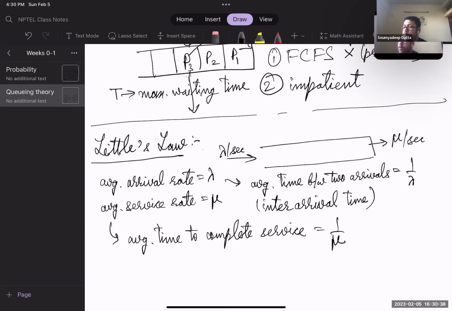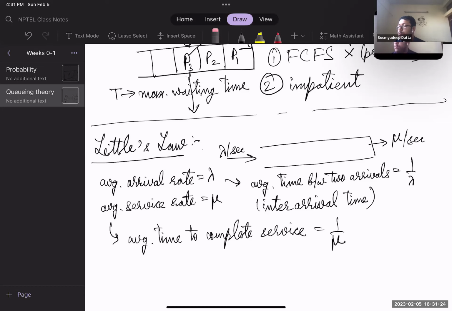Let's say there is a motorbike. You can only take one person on the motorbike, so this is a kind of motorbike station. A motorbike comes in, picks up a person and leaves. Let's say there is a motorbike coming every 1 minute to pick up passengers. In seconds, this will be 60 seconds. So your service rate will be 1 in 60, which means you will be picking up one passenger every 60 seconds, and so mu will be 1 by 60.